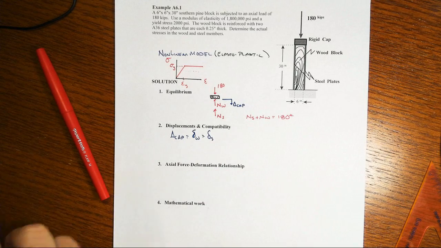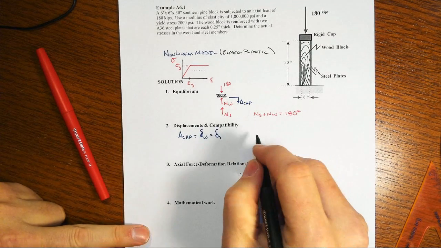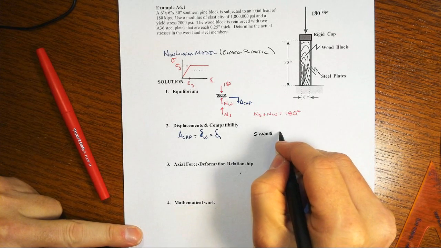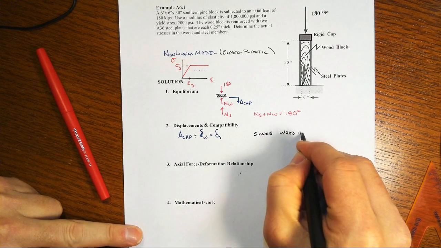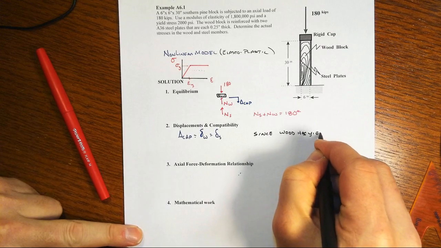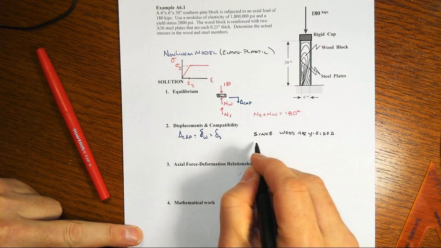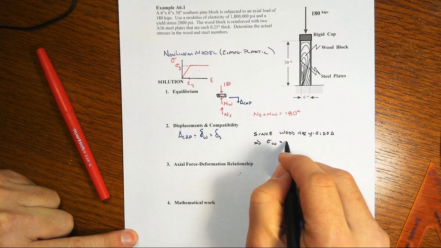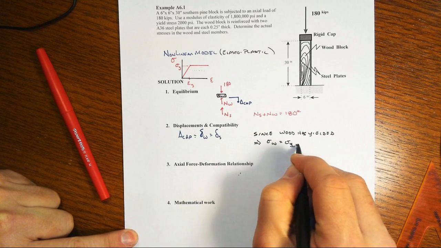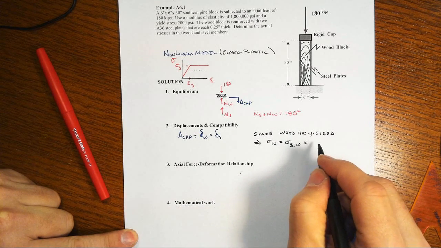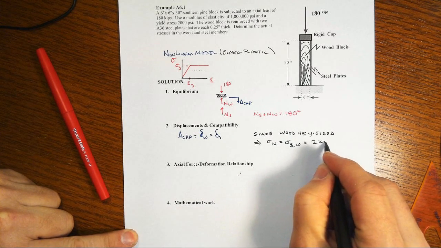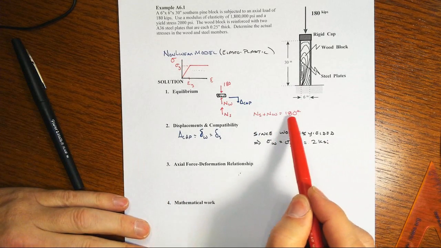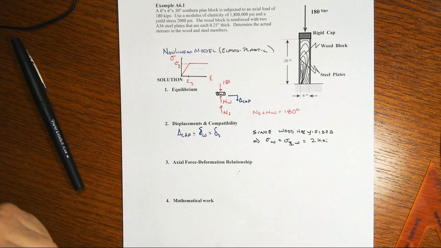But since the wood has yielded, what that means for us is that our stress in the wood is going to be equal to its yield value, which is only 2 KSI. That actually makes life simpler when we look at this relationship here.